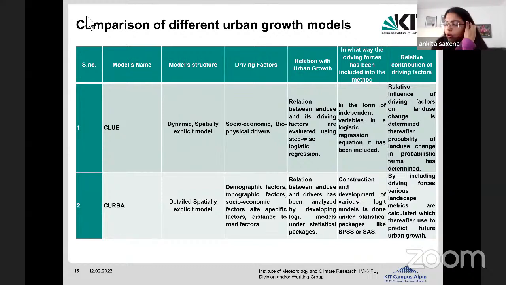So the first model, if we talk about CLUE. CLUE is a land use model, which is not only targeting urban growth, but other land use classes also. And it is a spatially explicit model considering different socioeconomic factors.